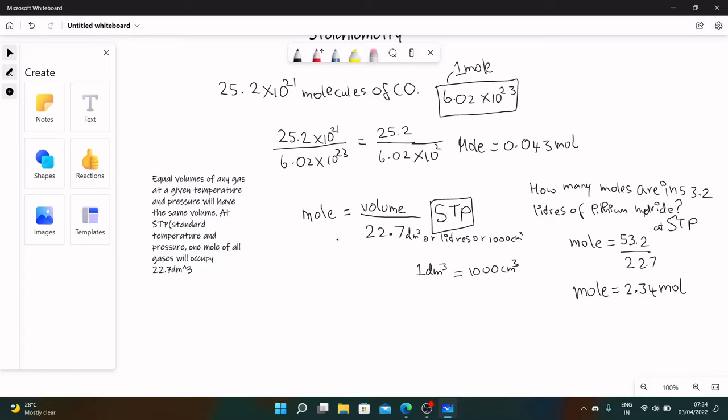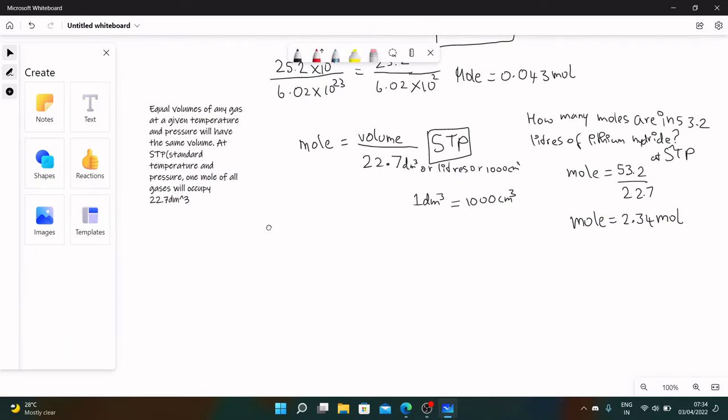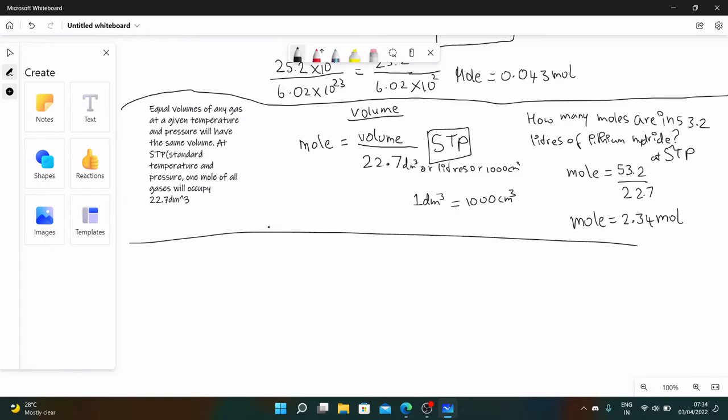We need to look at another basic calculation for stoichiometry, and that is concentration. Let's just divide these sections. Now we have concentration.